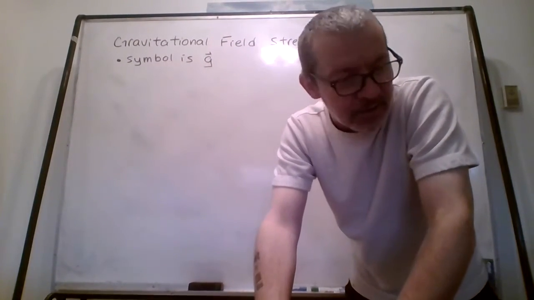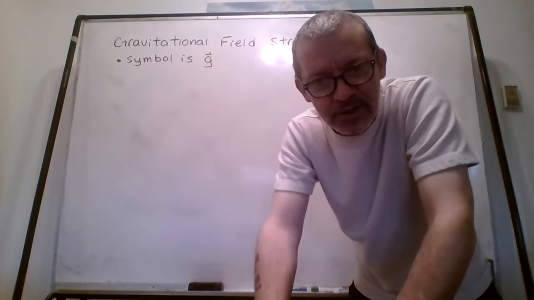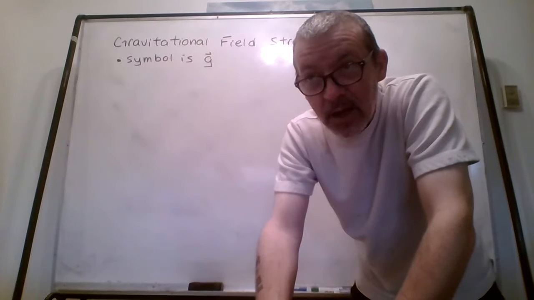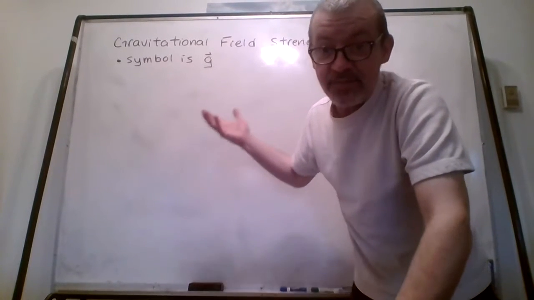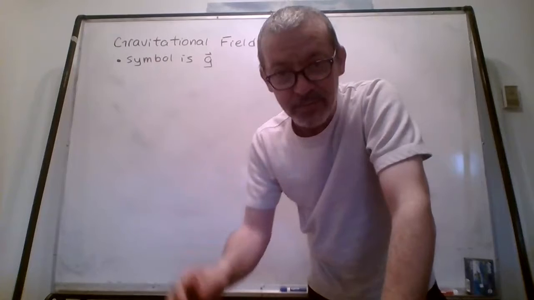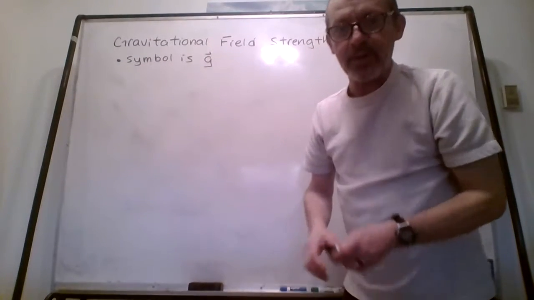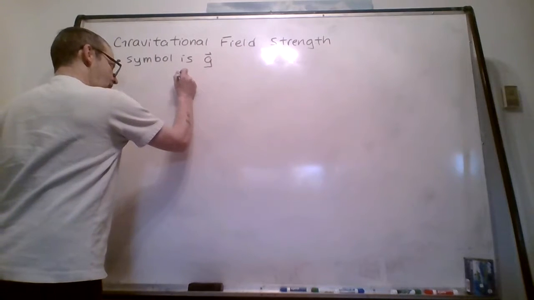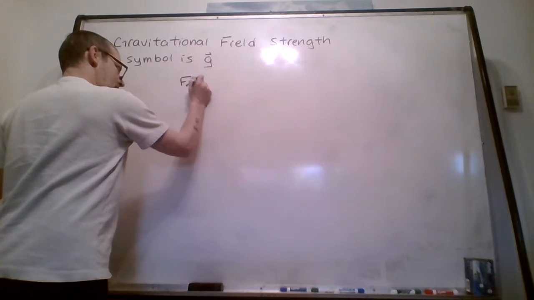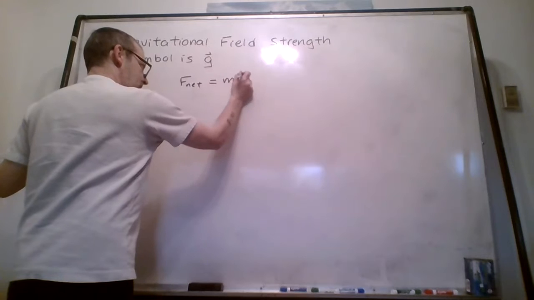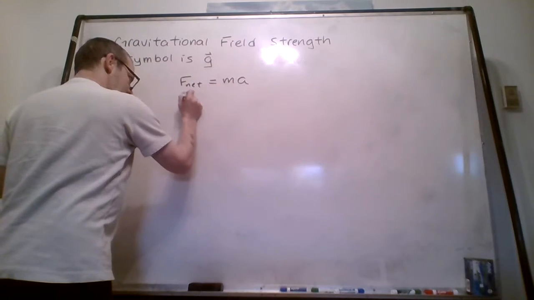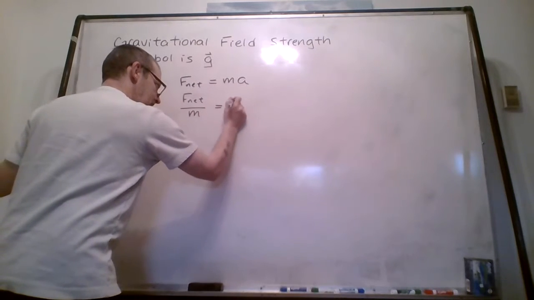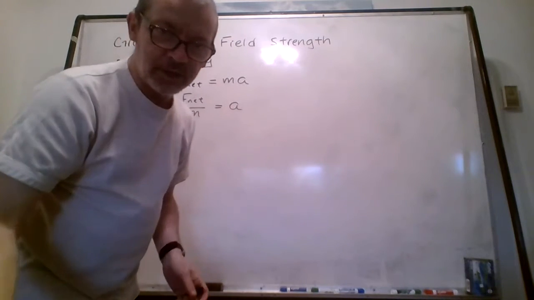I'm not going to get into the derivations. It's very simple. But first, the units of field. The units that we always associated with g have been meters per second squared. But you can see from Newton's second law, F equals ma, that if I take force and divide by mass, I get acceleration.